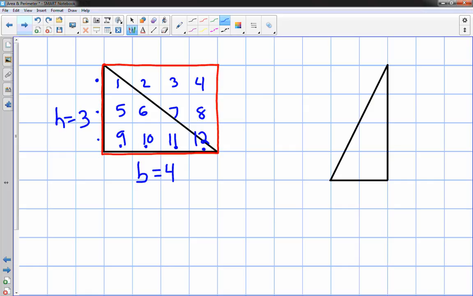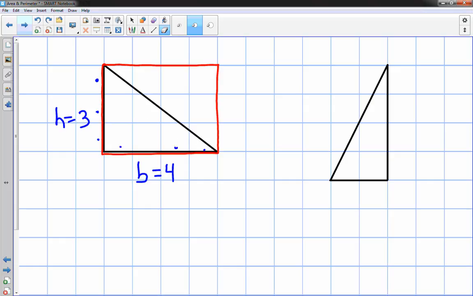That triangle is covered by half of that. So we got to take the 12 and divide it in half. So the area of this triangle is going to be half of that 12. It's 6. Area is equal to 6 square units.